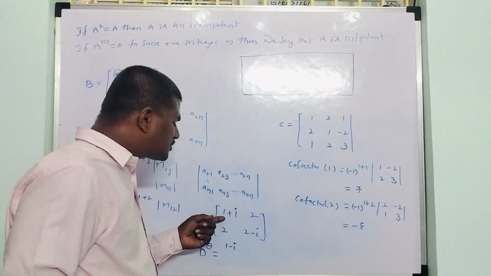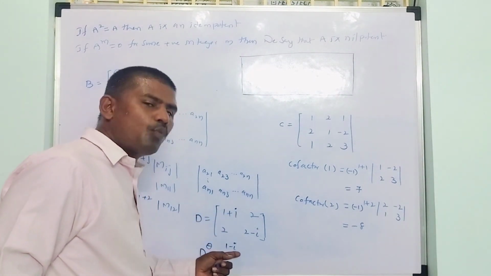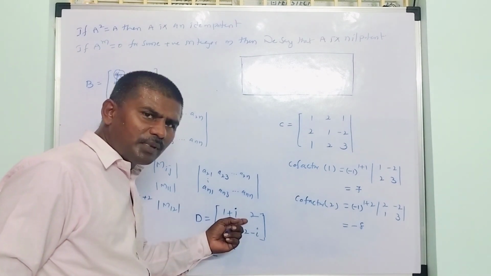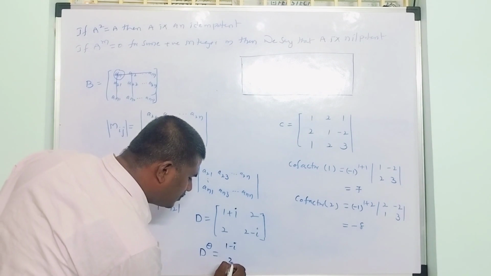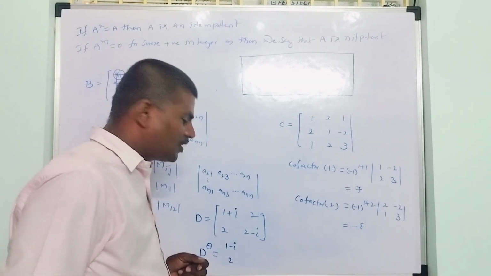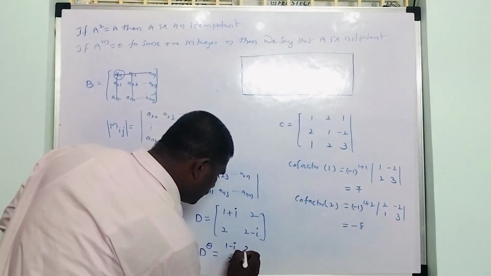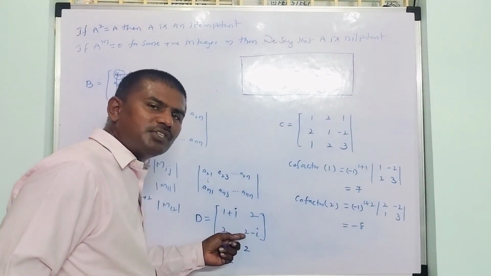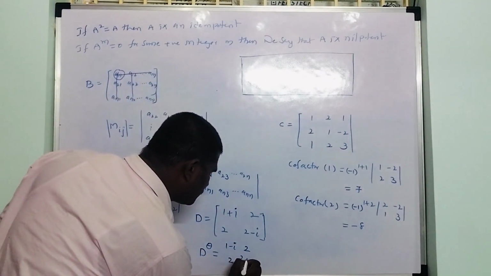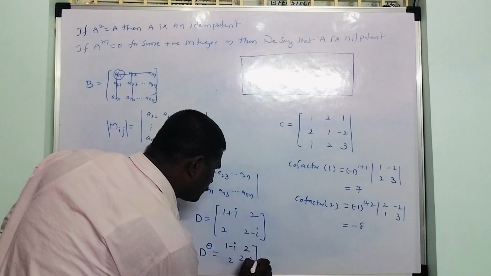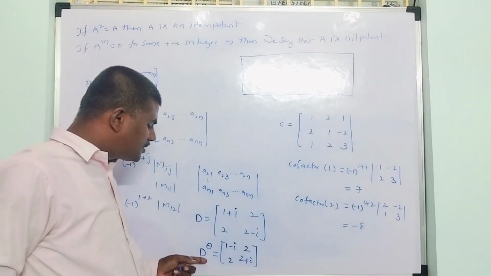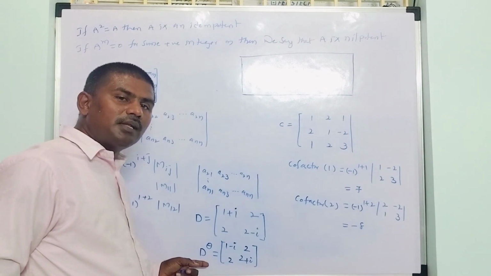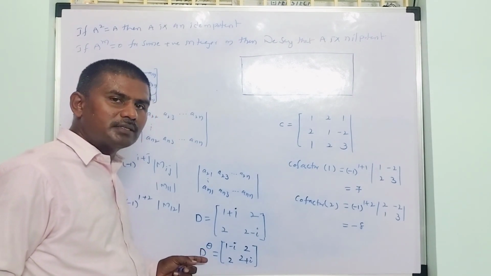The real number 2 is not complex, so it stays as it is, and it can be taken in a column. The complex conjugate of 2 minus i is 2 plus i. So this is the transpose of the complex conjugate matrix.